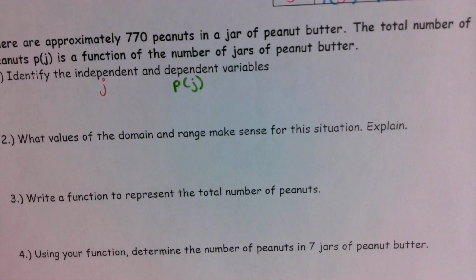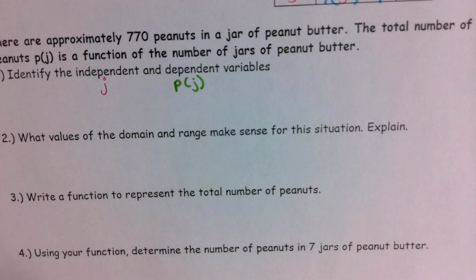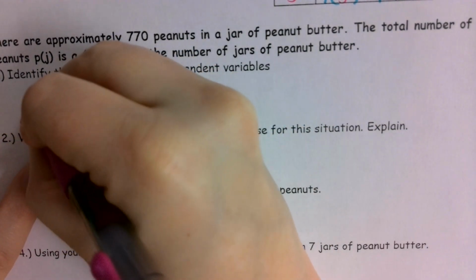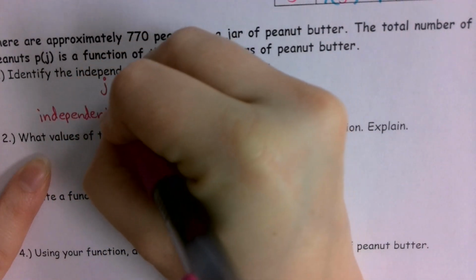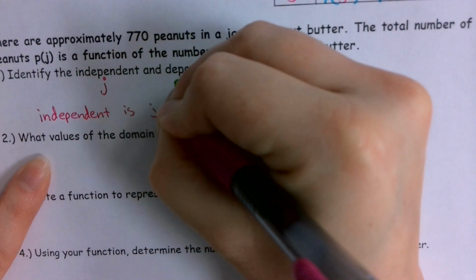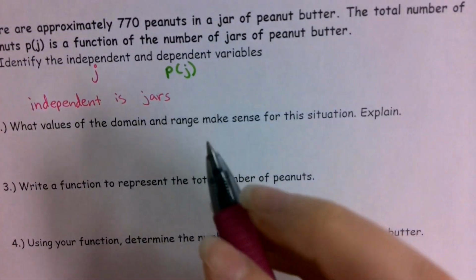J represents what? Jars. So the number of jars that you are creating is going to determine how many peanuts you will need to create those jars. Okay, if I want 1 jar, I need to have 770 peanuts. Okay, so my independent value is the jars.